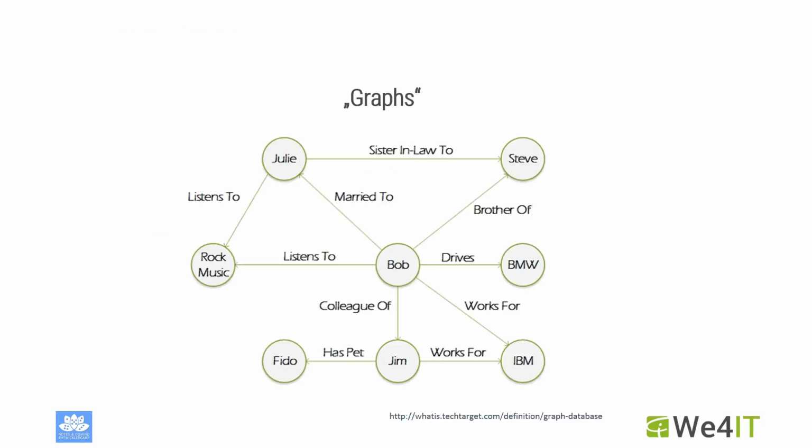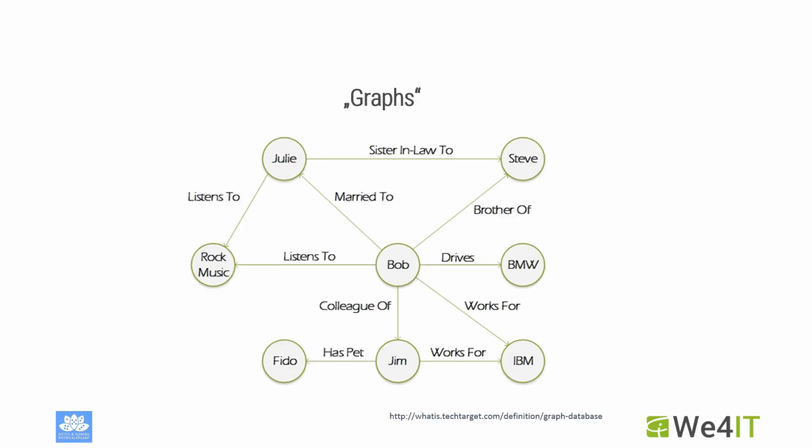And for the most important part, what I want to talk about is what a GraphDB is. So in this picture, you can see the basic principle of a graph database. A graph database contains what we would call objects or elements, or in terms of nodes and Domino, documents.